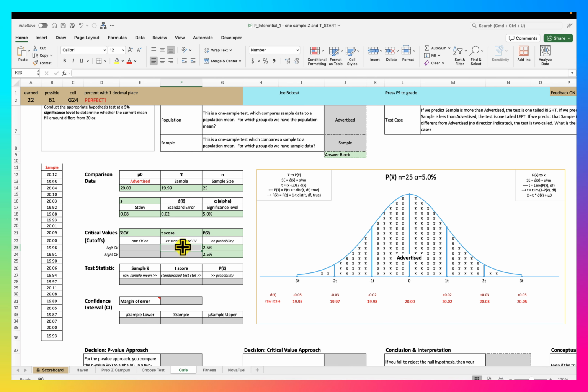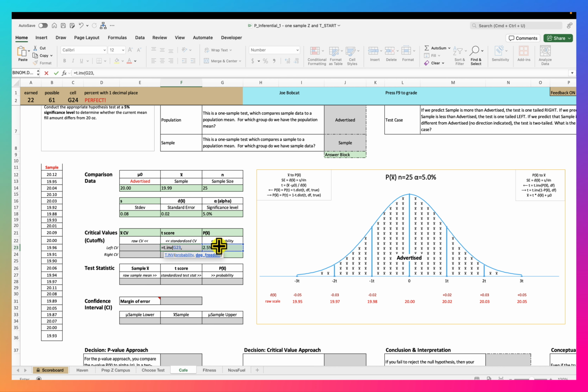And the t-score. All right, so we're going to have to start using some of these calculations here. So we're going from p of x bar to x bar. So the t-score is t dot inverse, equals t dot inverse for the left side, the probability, and then, oh, degrees of freedom.